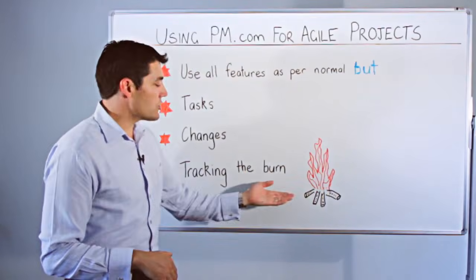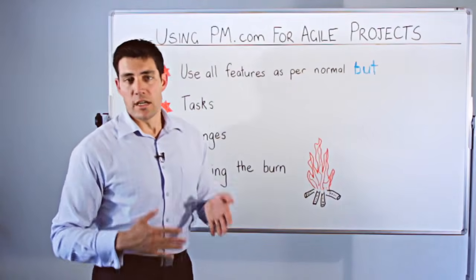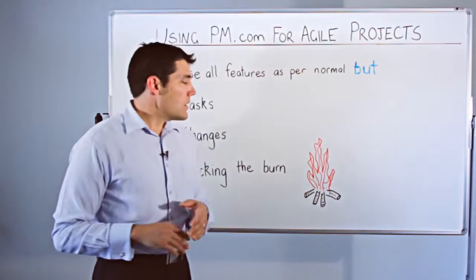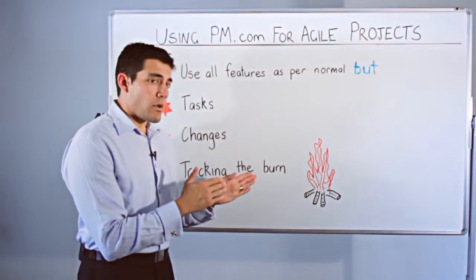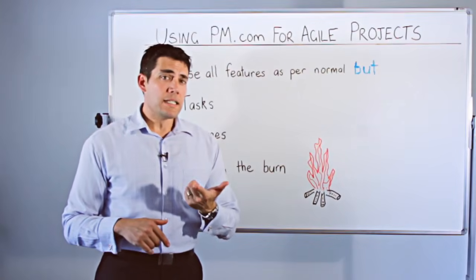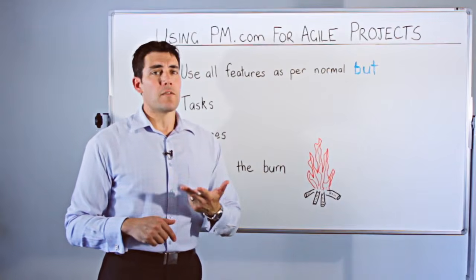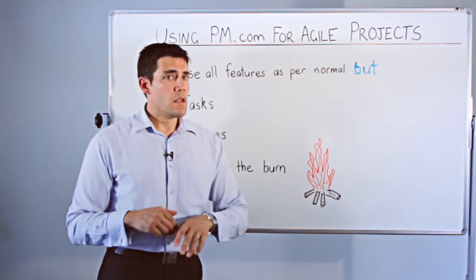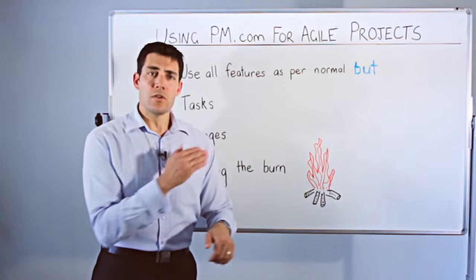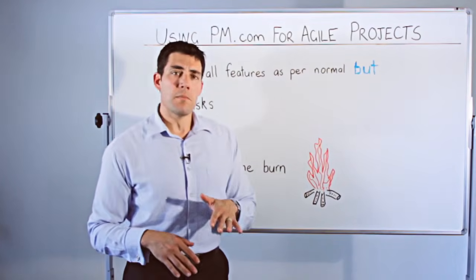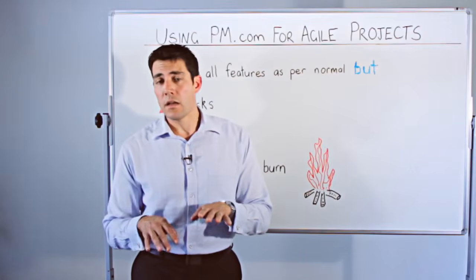Lastly, how do you actually track that Agile project using the ProjectManager.com web service? Well, in an Agile project, the things you're going to focus on are how many tasks you've completed for every given day in that sprint, and how many hours have been expended on every day of the sprint. The same principles apply here using the ProjectManager.com service. You'll be able to get a report if your team members are using the time sheeting module.